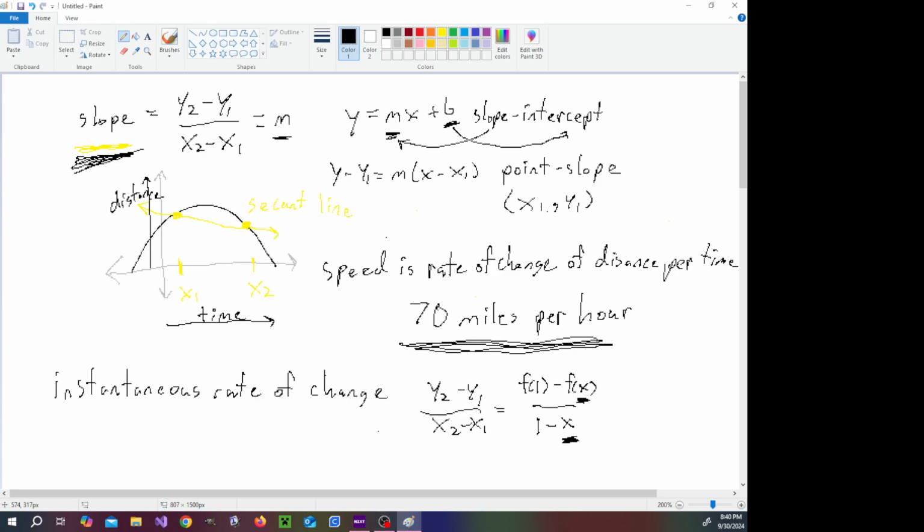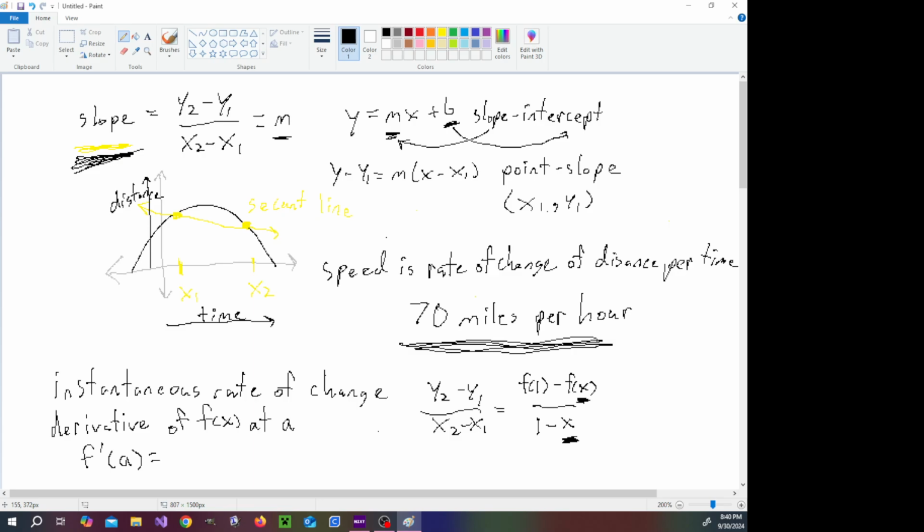So our instantaneous rate of change, aka the derivative of a function f of x at a number a, we also write as f prime of a, and that notation will make a lot more sense later on.